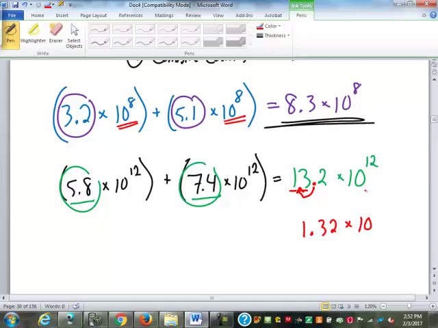So I move the decimal point one spot. My power of 10 either has to go up or down by 1. To tell what it needs to do, we look at this number. Did this number get smaller or larger? Well, we went from 13 to 1. It got smaller. So the power of 10 has to get the opposite, larger. So 12 plus 1 is 13.